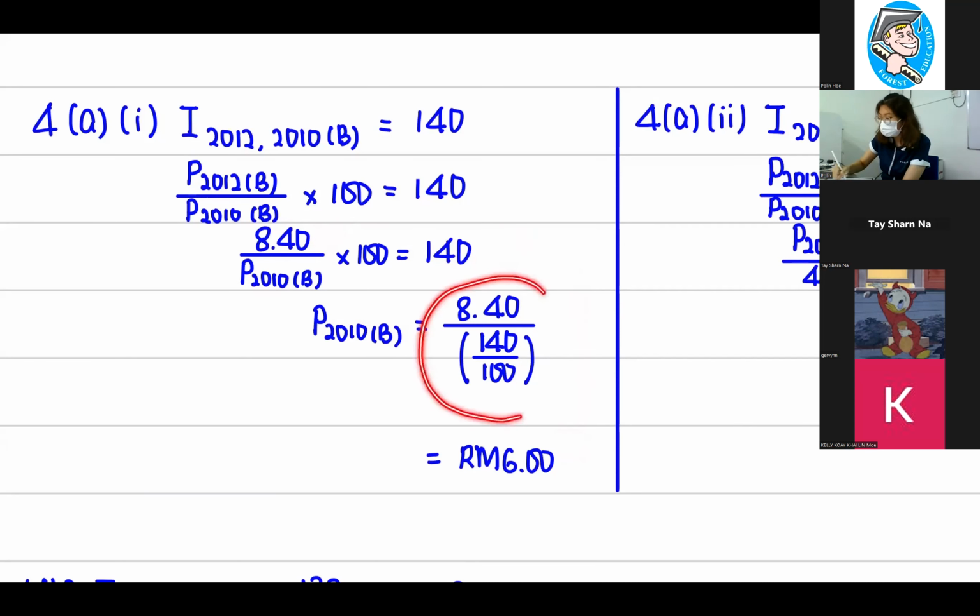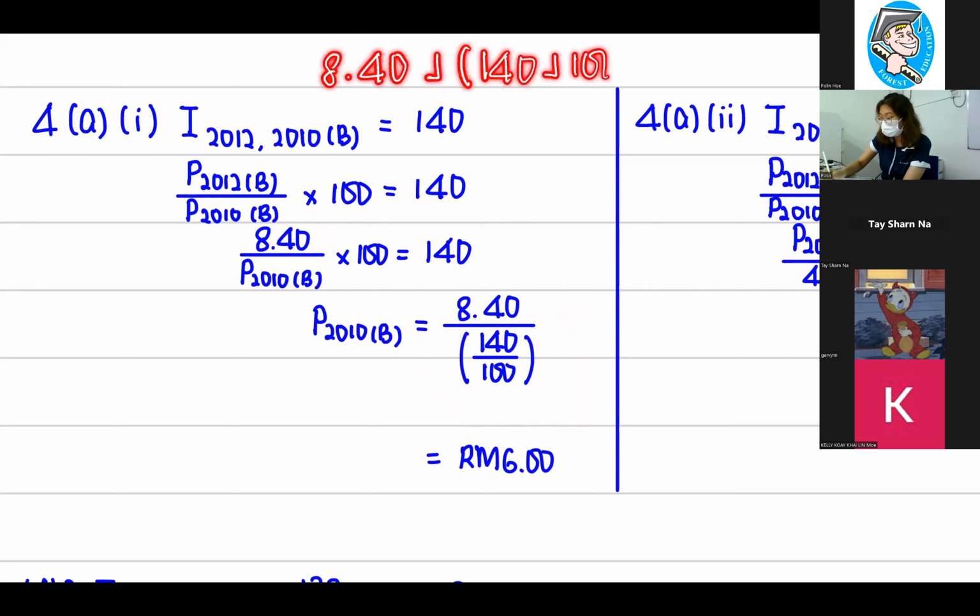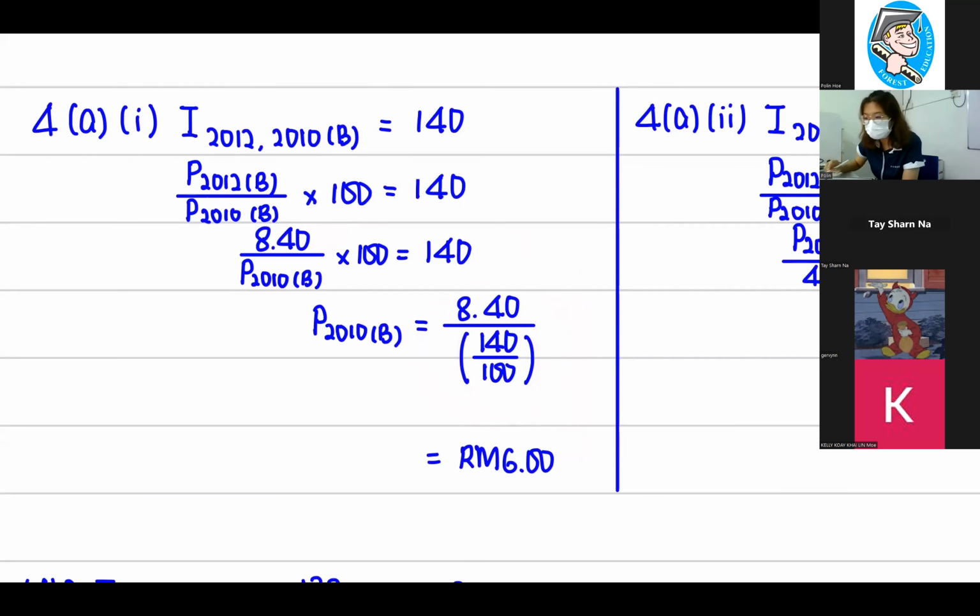And what I write this for you all, you see, I put a bracket. So when you use your calculator, over bracket 140 over 100 close bracket. 记得 bracket is very important. So the final answer is 6 ringgit. This one you can do. You just write RM6 at the side, then you try by yourself.